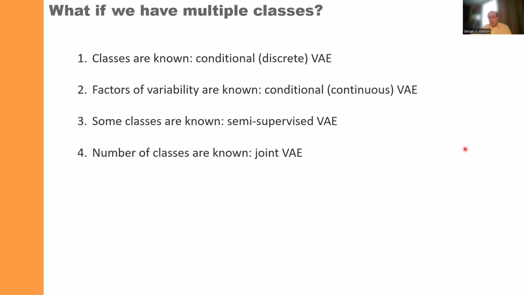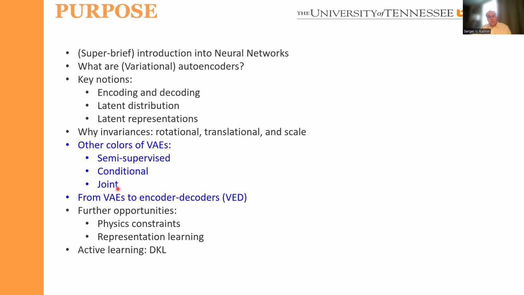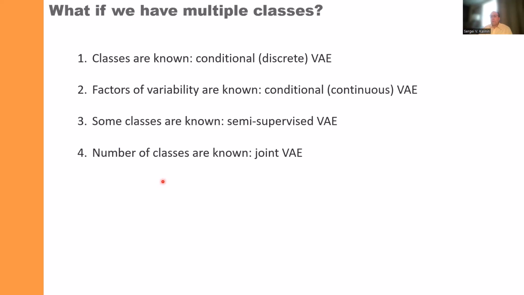However, when we talk about semi-supervised, conditional or joint autoencoders, to the best of my knowledge, at least in the areas of imaging and experimental sciences that I'm aware of, the number of publications in this area is either zero or close to that. These are technologies that are out there, available in the form of hopefully easy to use code from our group and from many other groups. And to be honest, there are quite a few textbooks that actually show you how to build the conditional or joint VAE.